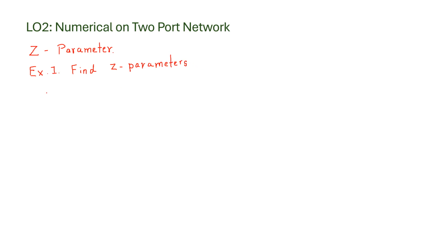Okay, so I will take a circuit. Say the value is R. So this value is also R. Now, why have I taken this circuit as example 1?